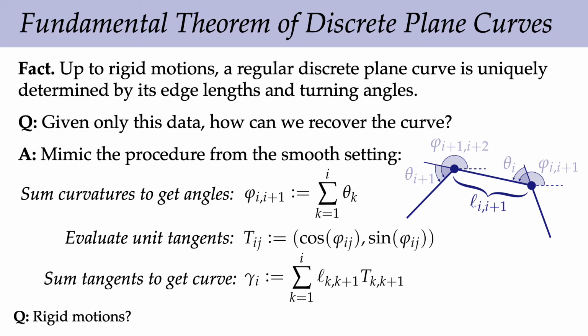Well, two places. For one thing, I need to pick where I put my pen down to begin with. So I could put an additional constant in this last sum to say where the first endpoint of this curve is. And also the direction: I have to pick an initial direction to start drawing my curve.